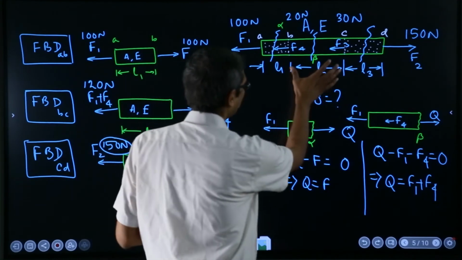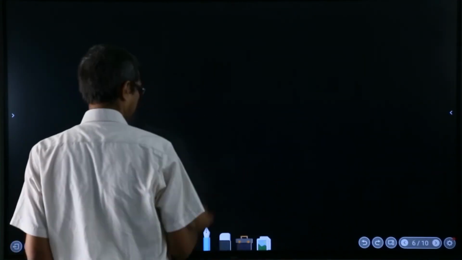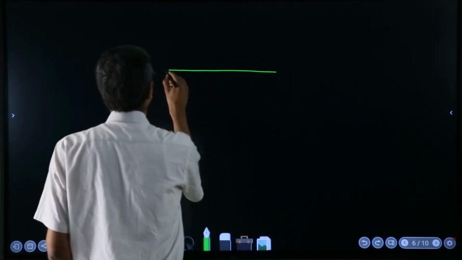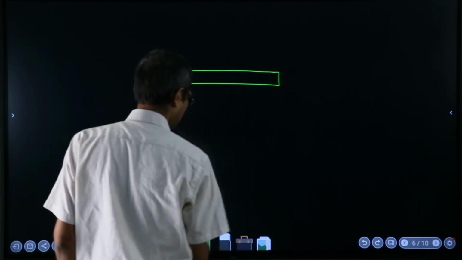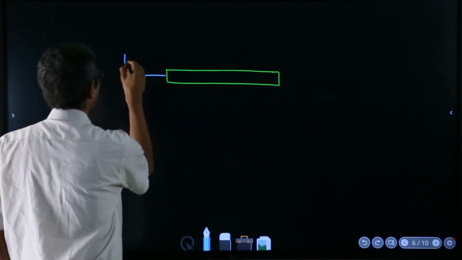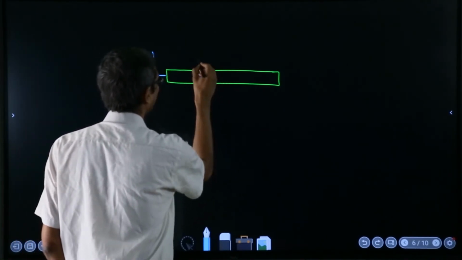In that case, let me do that. Suppose you have a case like this, and forces are acting like the same thing, this is 100 Newton, and here, on this side, 20 Newton.